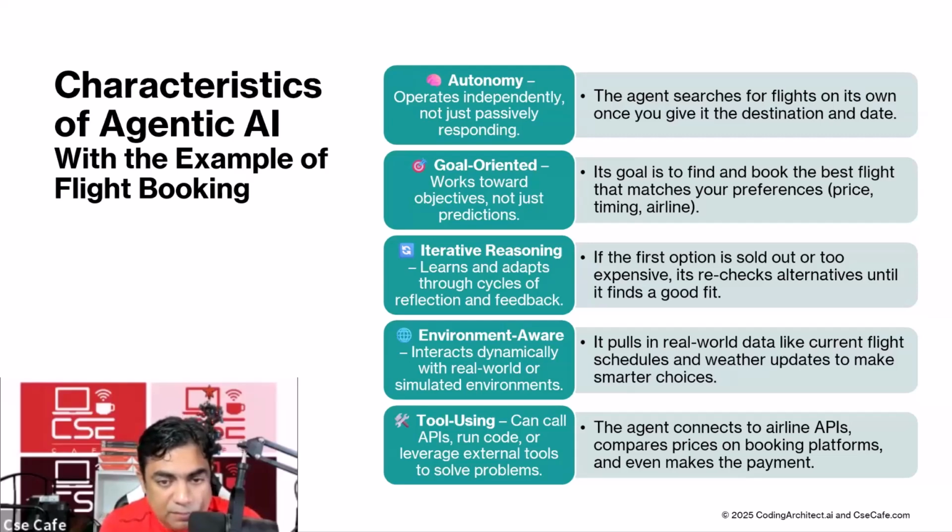It pulls in real world data like current flight schedules, weather updates to make smarter choices. And also, it can use tools, can call APIs, run code, or leverage external tools to solve problems. The agent, for example, connects to airline APIs, compares prices on booking platforms, and even makes the payment.